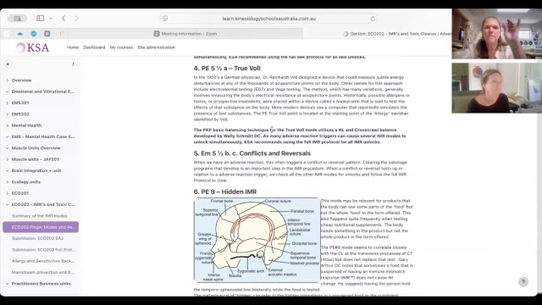The next one, PE 5.5A, is the true vol. So it's Dr. Vol's point, where he used electrodermal testing and Vega testing. Sometimes it's called a listen machine.